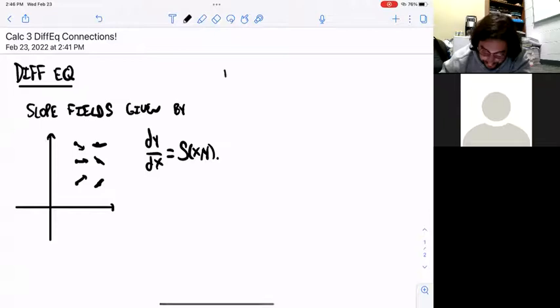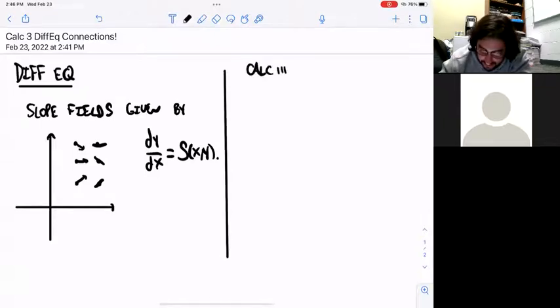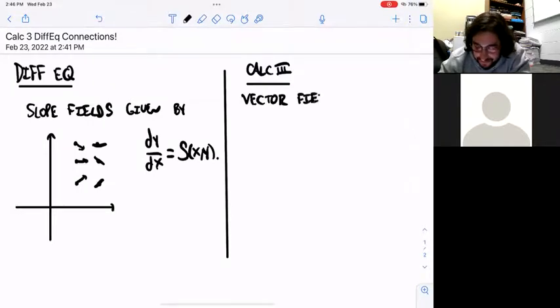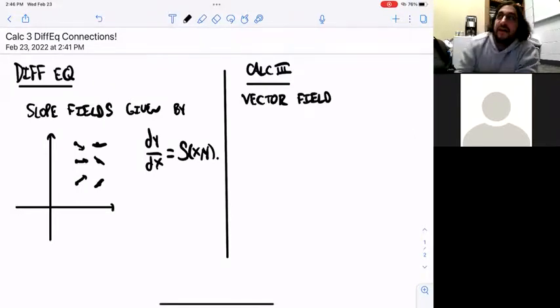As opposed to in Calc 3, a favorite object of Calc 3, at least in the later part of Calc 3, is the vector field. Vector fields, at least in the plane, you could do this in other dimensions, but here I want to focus on 2D.